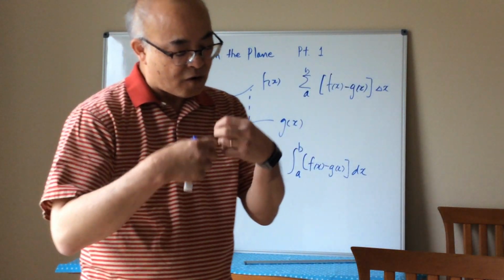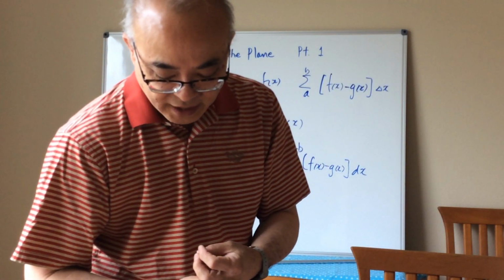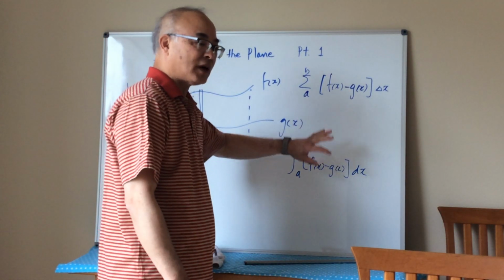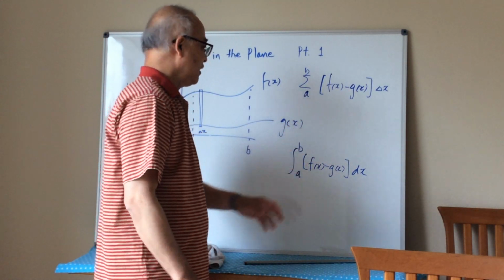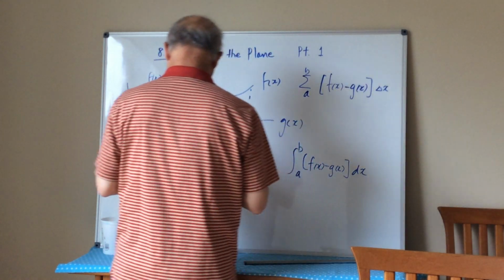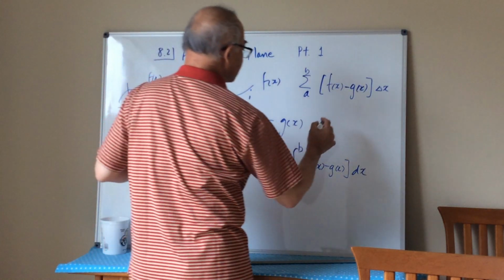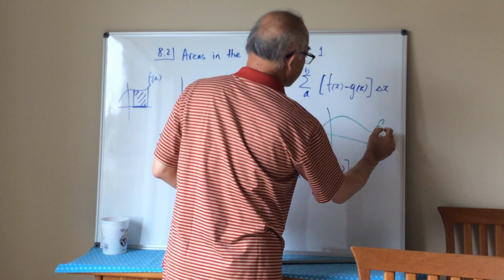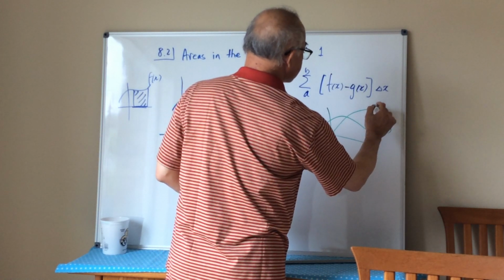This also foreshadows that if they are not dominant, you're going to have to do something different. Let's say you had a situation where f of x is here and g of x is here.